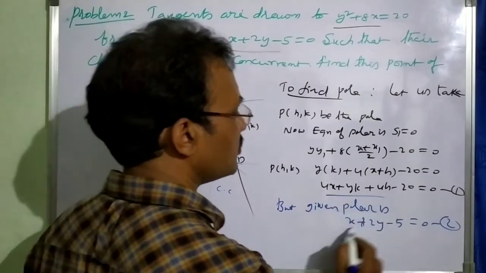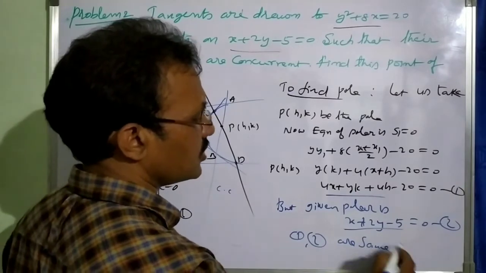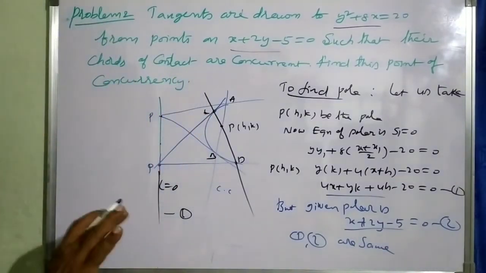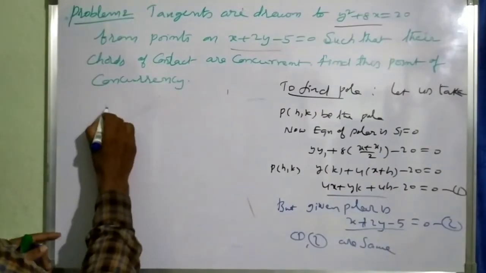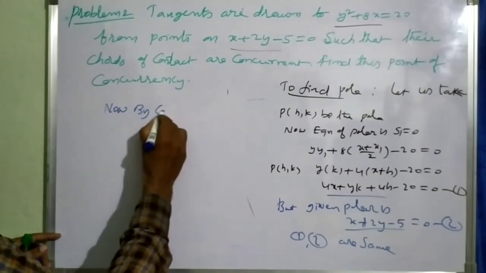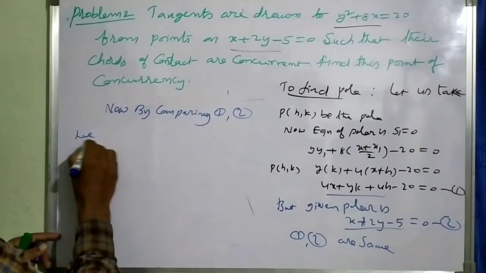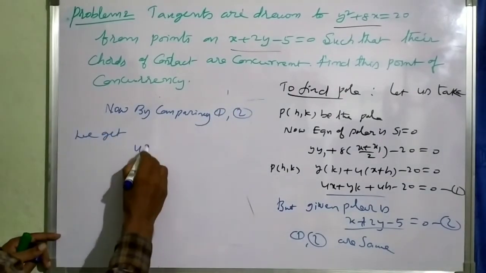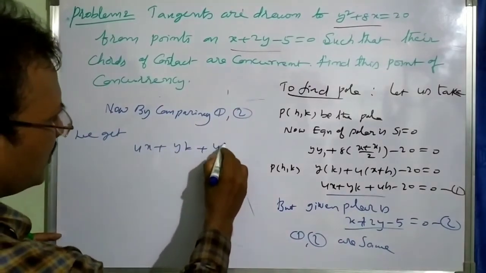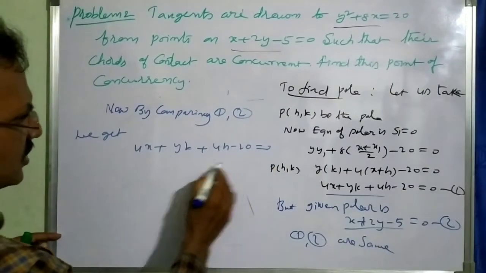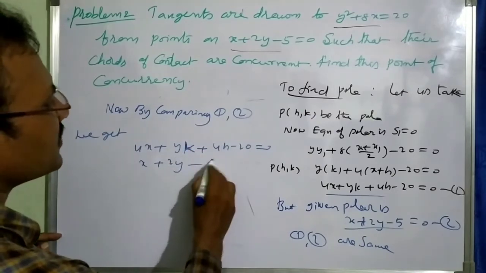So 1 and 2 are the same. Whenever they are the same, by comparing the like coefficients, you will get the point H, comma, K. So by comparing 1 and 2, we get 4x plus yk plus 4h minus 20 is equal to 0, and the other one is x plus 2y minus 5 is equal to 0.